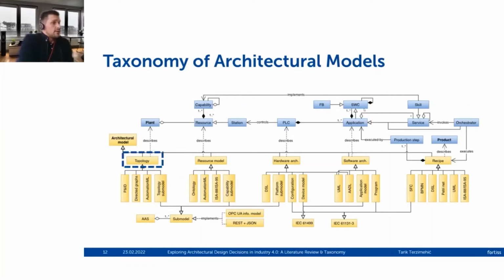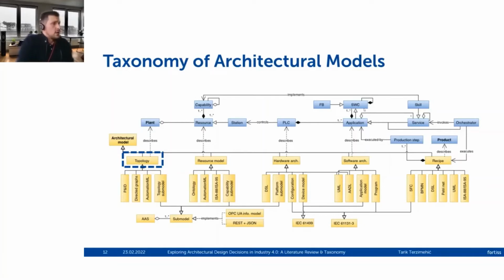So we have 5 different major dimensions. First we have topology. Topology describes the plant. A plant or factory contains different resources, production resources or transport resources. They are usually stations, but it can also be a human worker, for example. And the plant is described by topology.